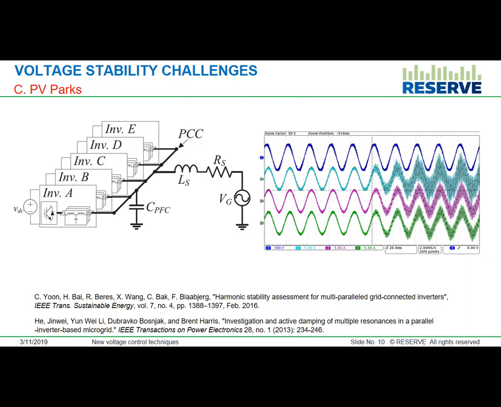So again, if the grid impedance is high, as represented by this Thevenin equivalent, again as Dr. Reis showed in his presentation, then you can have interaction among the converters, and you can see suddenly when the grid impedance changed, the interactions happening.